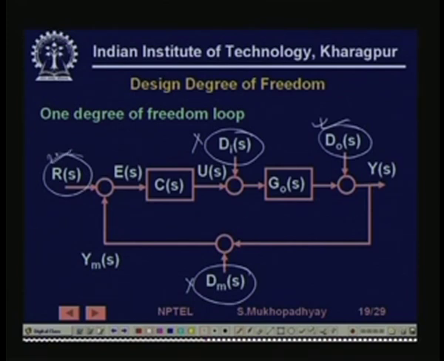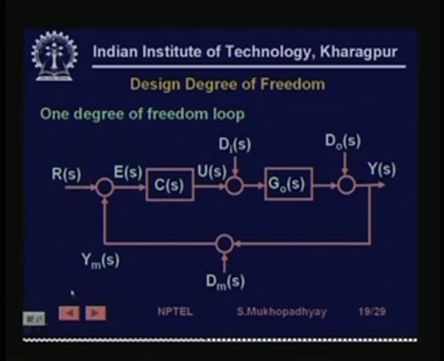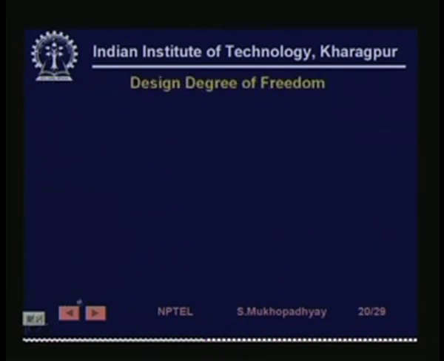We want good set point tracking, so we want to shape the response Ys by Rs, and at the same time we want good disturbance rejection, so we want to shape the response Ys by D0s also, but that is not possible because this is a 1 degree of freedom controller. Using CS you cannot select both of them independently, that is obvious from the equations.